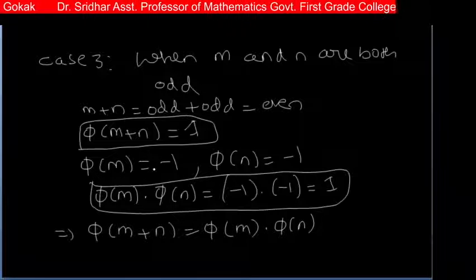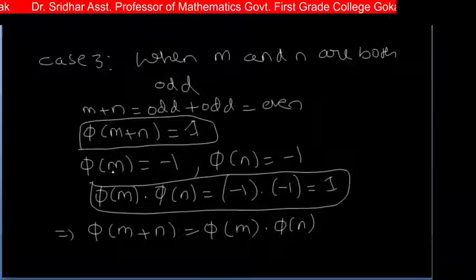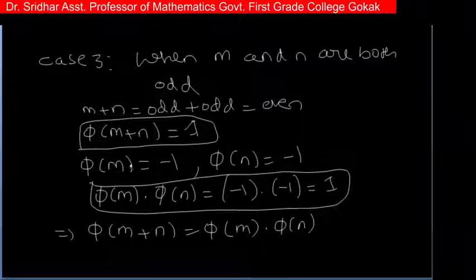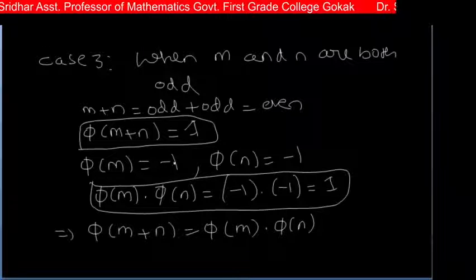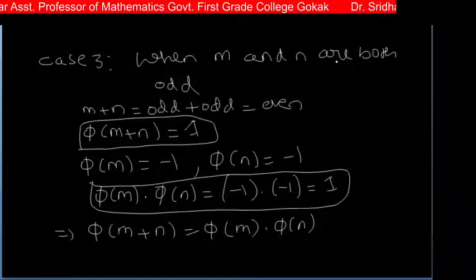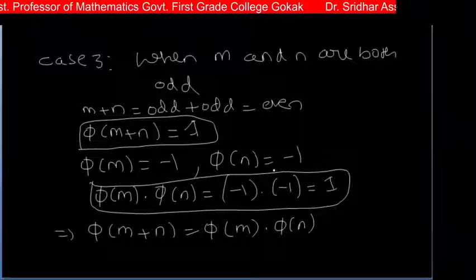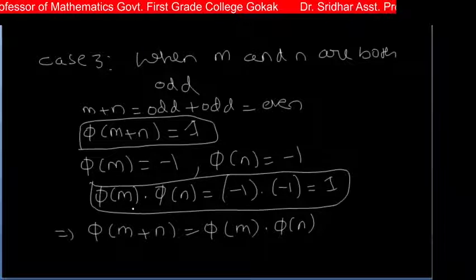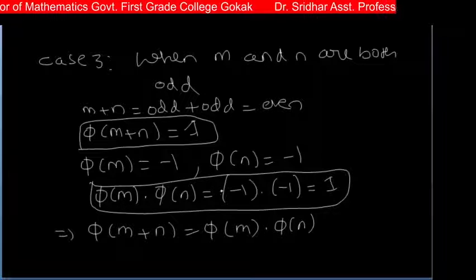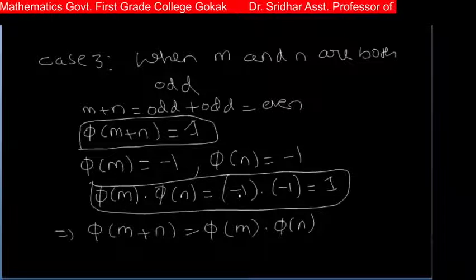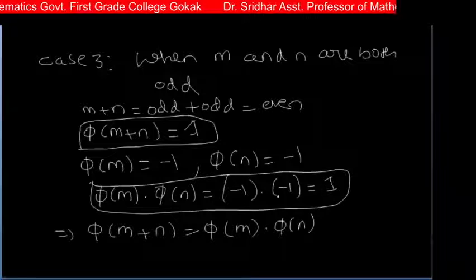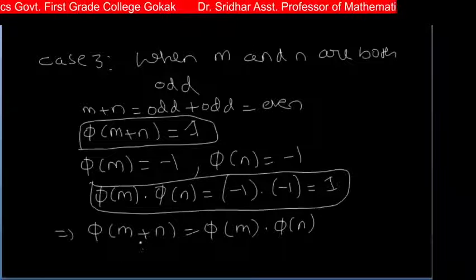Now phi of m is minus 1 because m is odd we have taken. So for odd number phi of m is minus 1. Next n is odd, so phi of n is also minus 1. Next take the multiplication, phi of m into phi of n is equal to minus 1 into minus 1, which is plus 1.